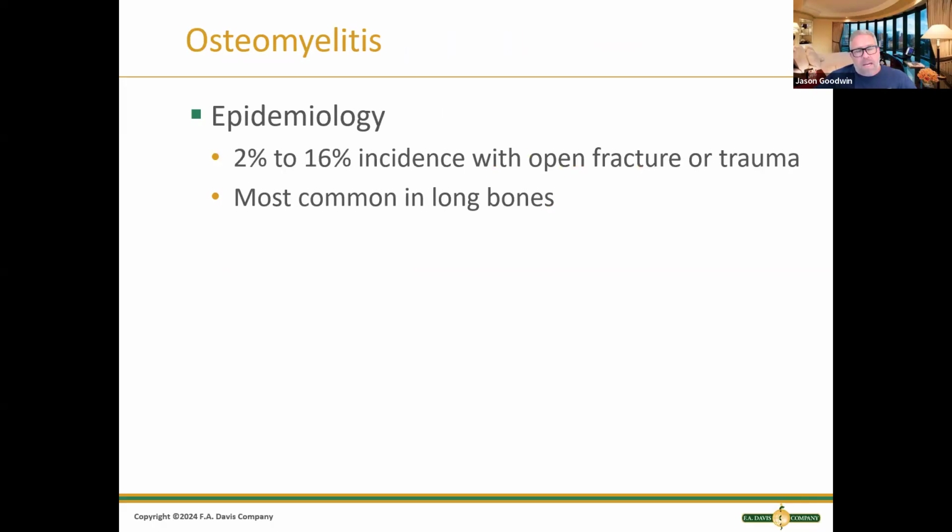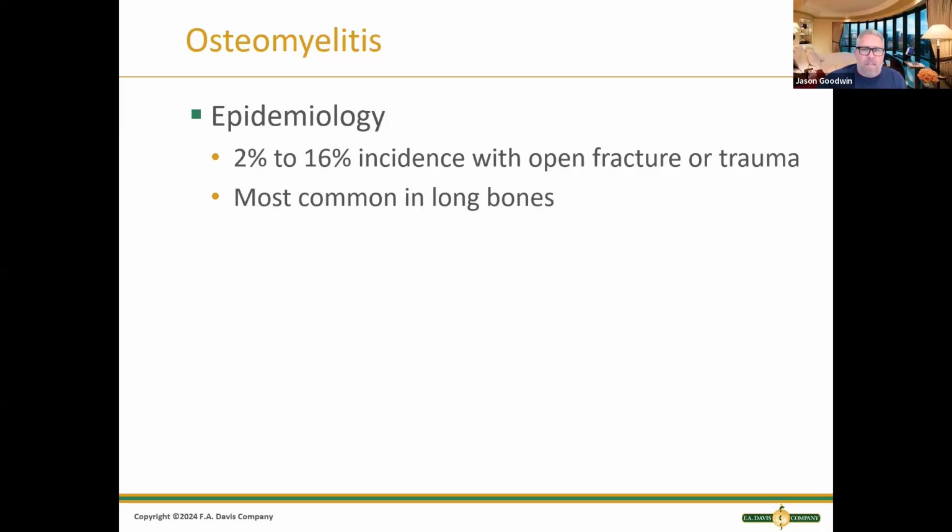Okay, so osteomyelitis. This is an infection of the bone, and it's 2 to 16% incidence with open fracture or trauma, including surgeries. It's most common in long bones. So you have what you would call the hematogenous, an infection spread from another area of the body, and that's most common in children under 1 year, and it's 85% of the cases.